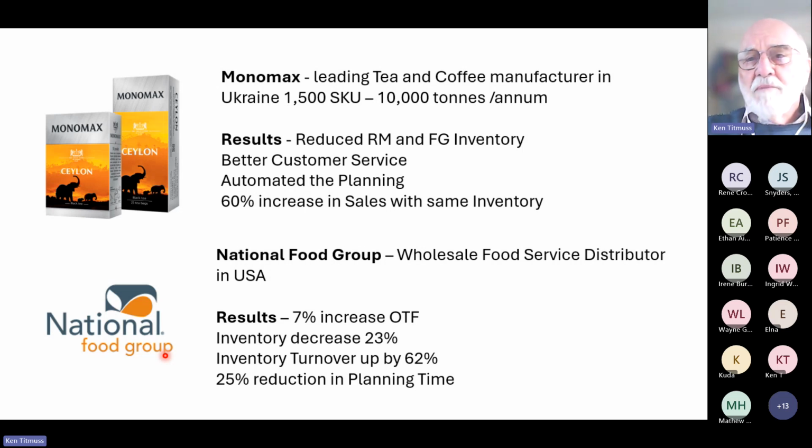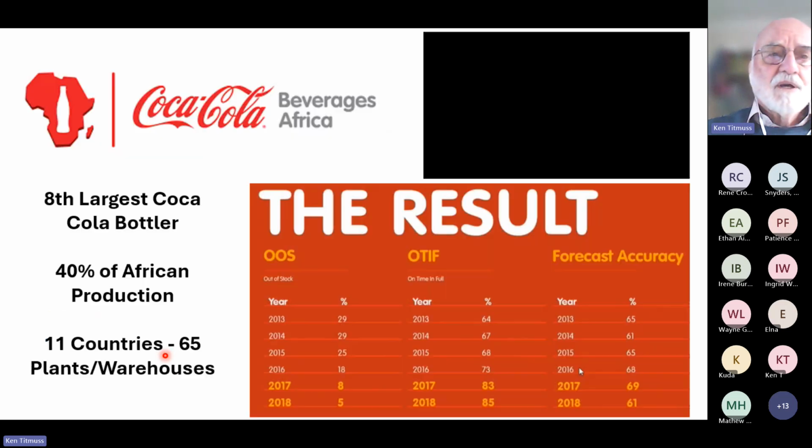But the biggest implementation we've got in Africa now is with Coca-Cola beverages. 8th largest Coca-Cola bottler. They do 40% of the African production. We've got it in 11 countries. There are something like 65 different plants and warehouses using this methodology, and it's all in one system.